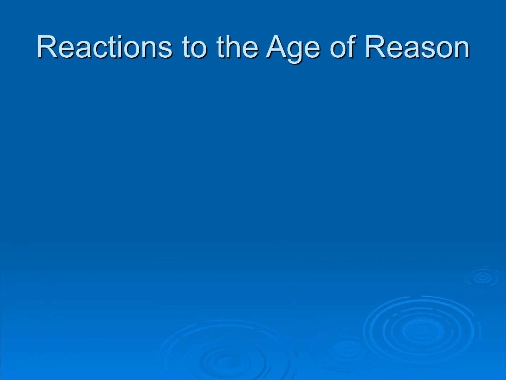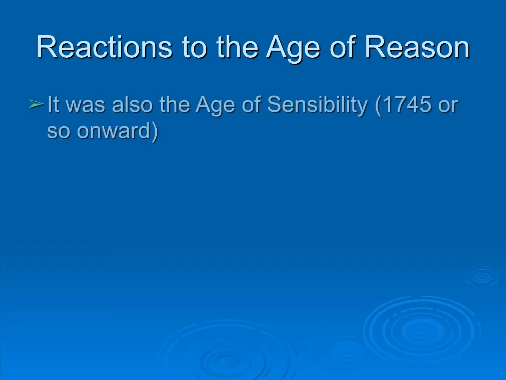So the Enlightenment, the Augustan Age, it's not just reason all the time. There were reactions within this period, reactions against this emphasis on reason, on the mind. Sometimes it's also called the Age of Sensibility, especially the second half of the 18th century.